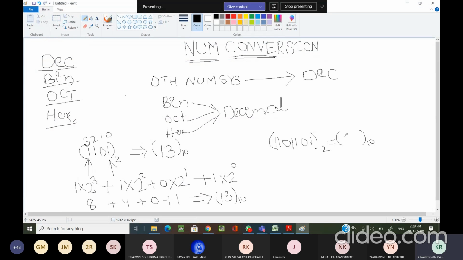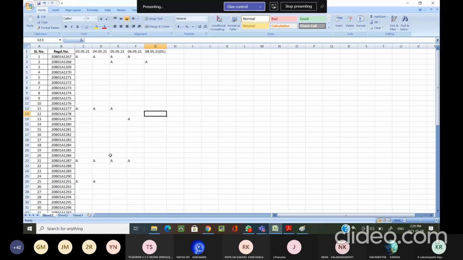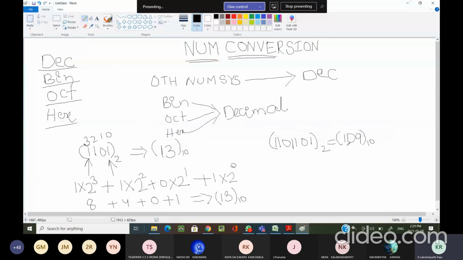109 base 10, sir. Okay. I want to cross check. I have not done it. Roll number 78. Roll number 88. 109 base 10, sir. I also got the same. Okay.